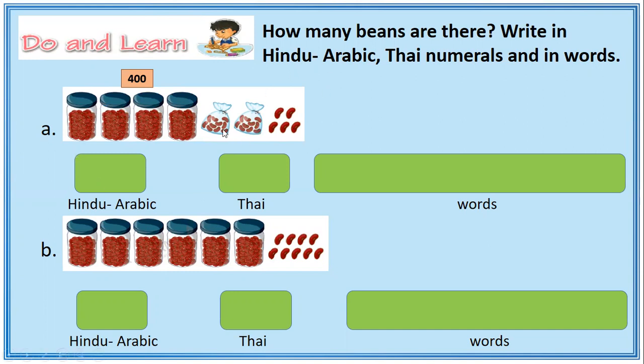And since we have 2 bags, so all in all, we have 20 pieces of beans in these 2 bags. And we have the remaining pieces of beans, which counts 5. All right. So how do we write this number in Hindu Arabic numerals?